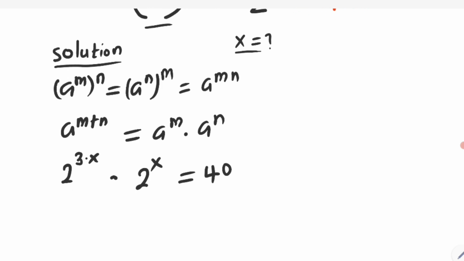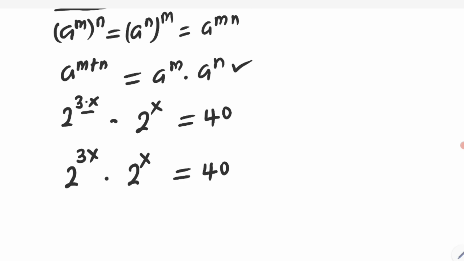Then this is 2 raised to power 3 multiplied by x, that is 3x multiplied by 2 raised to power x is equal to 40. Then from this rule, this and this can be written as 2 raised to power 3x plus x is equal to 40.